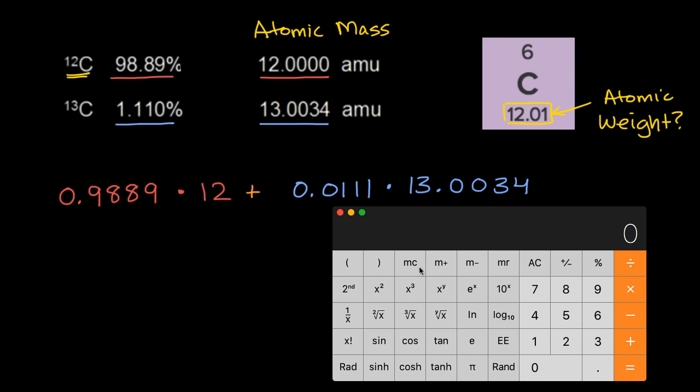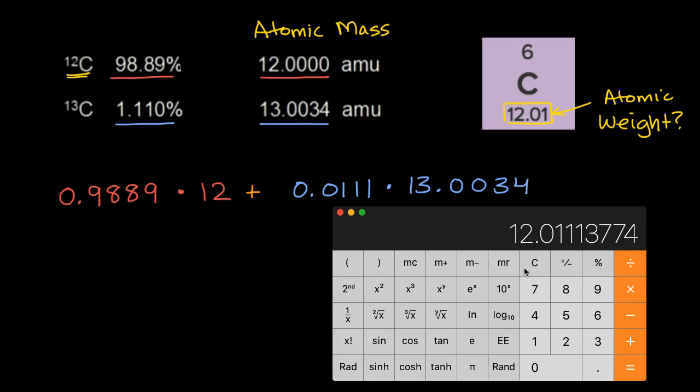Let's get our calculator out here. So we are going to have 0.9889 times 12 is equal to 11.8668, and to that we are going to add 0.0111 times 13.0034, and I know it's going to do this multiplication first because the calculator knows about order of operations.